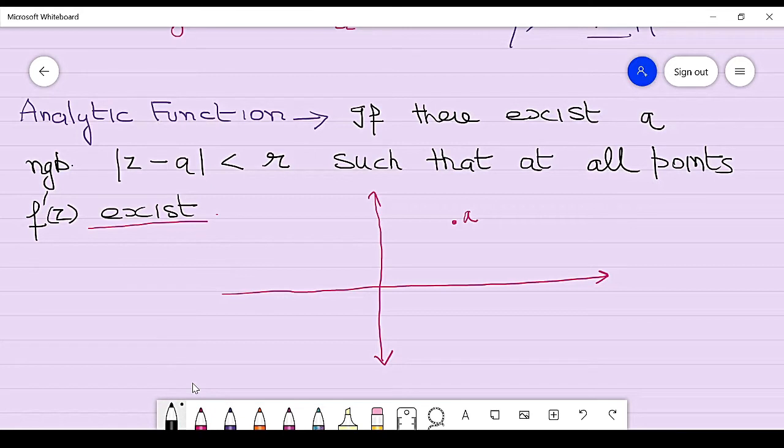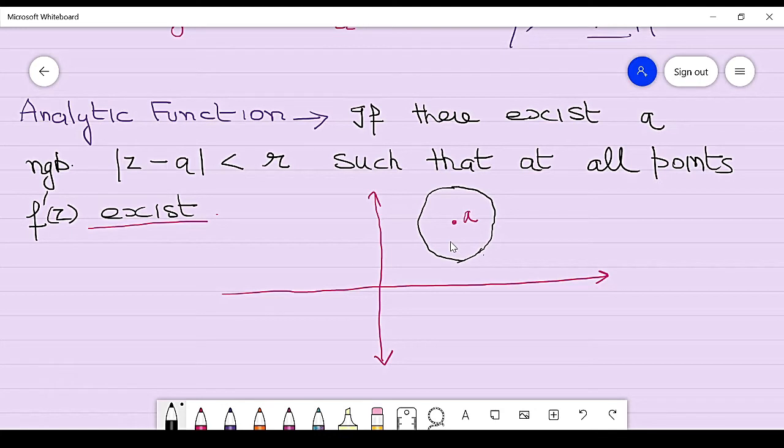But if we are talking about analytic, then we take a neighborhood of a, and the function is differentiable at each point inside the neighborhood.